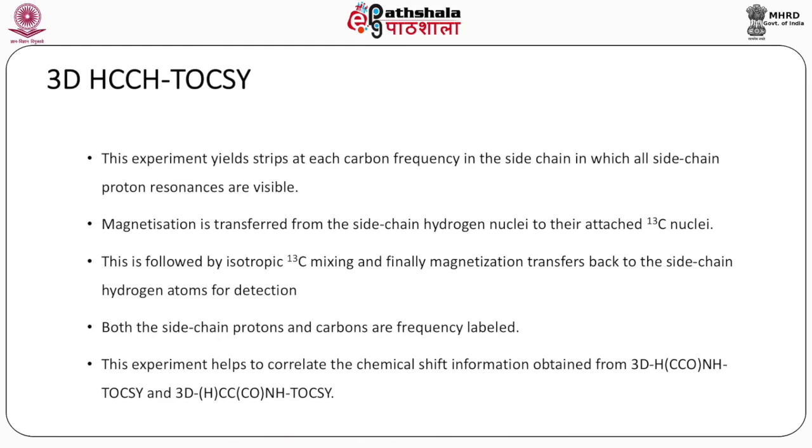Now, 3D HSQC TOCSY. This experiment yields a strip at each carbon frequency in the side chain, in which all side chain proton resonances are visible. Magnetization is transferred from the side chain hydrogen nuclei to their attached C13 nuclei.